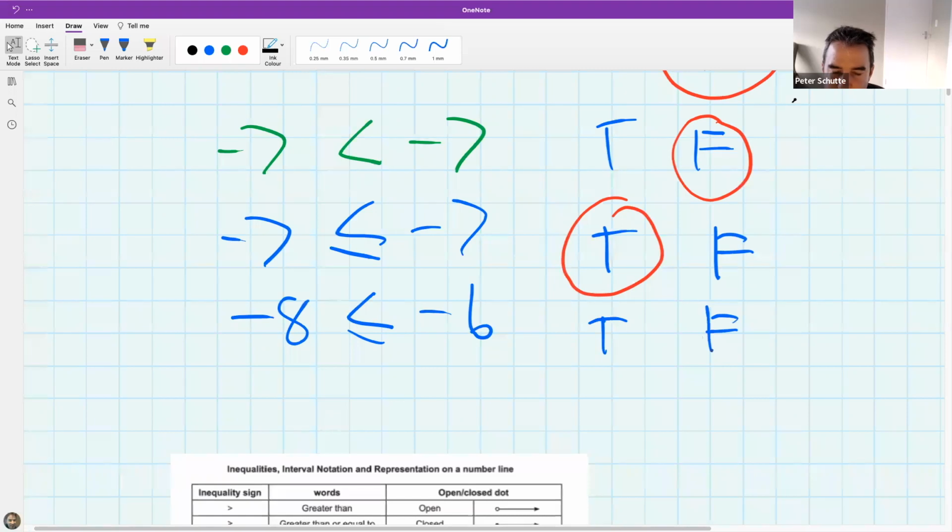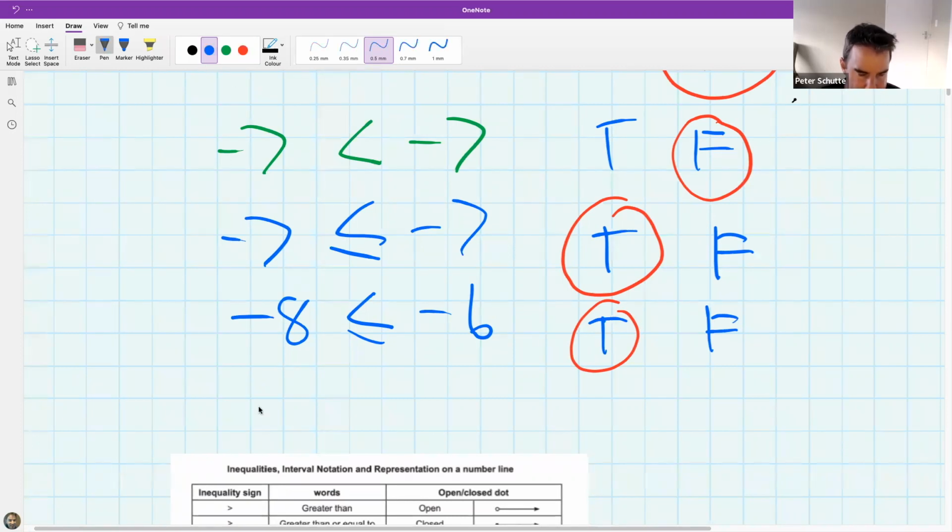Is it less than or equal to? So it can be either one. Is -8 less than -6? Yes, it is less than -6. So it's going to be true. It's not going to be equal to -6, but that's fine. It doesn't have to be both. It just has to be this or this. It's either less than or it's equal to. So this would be true.